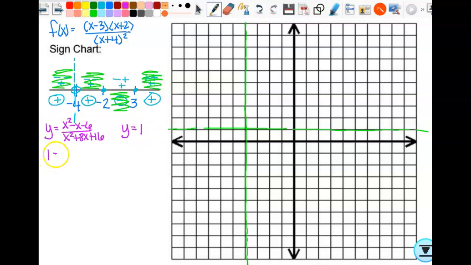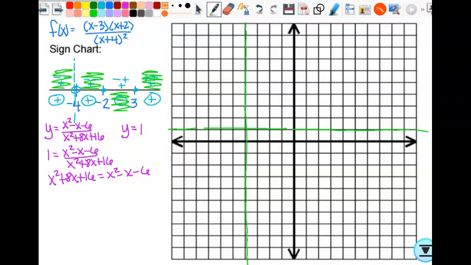So I get 1 equals x squared minus x minus 6 over x squared plus 8x plus 16. So just like on the other one, I'd like to get rid of my denominator. So I'm going to multiply both sides by this, which will give me x squared plus 8x plus 16, and that's equal to x squared minus x minus 6.